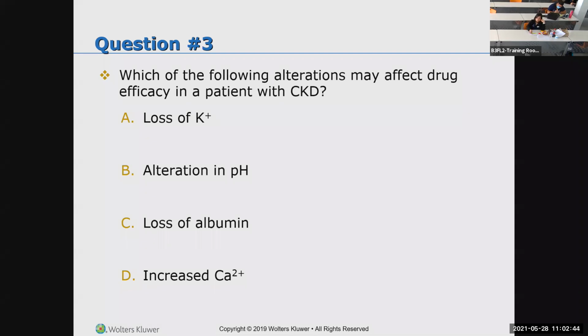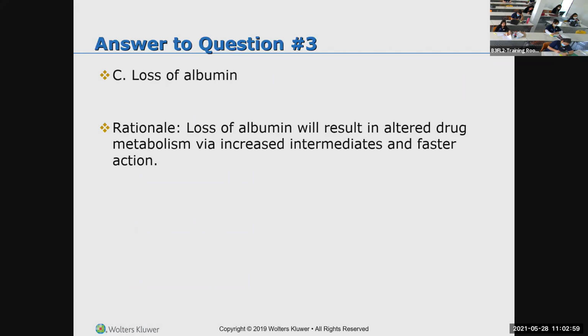Which of the following alterations may affect the drug efficacy in patients with chronic kidney disease? Loss of potassium, alteration of pH, loss of albumin, increased calcium. Albumin, I'm losing because my kidney is unable to retain it.